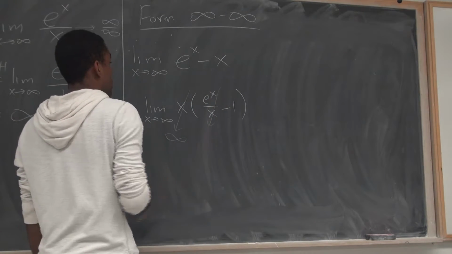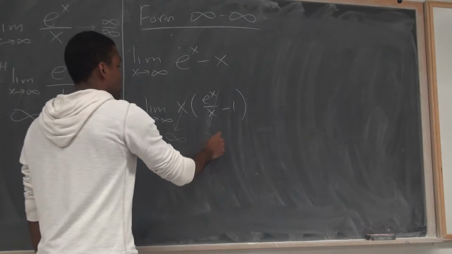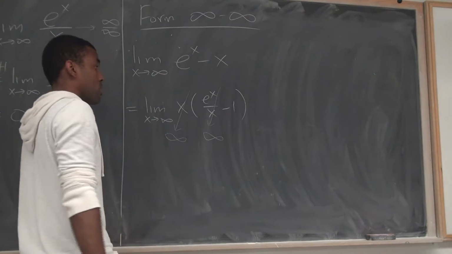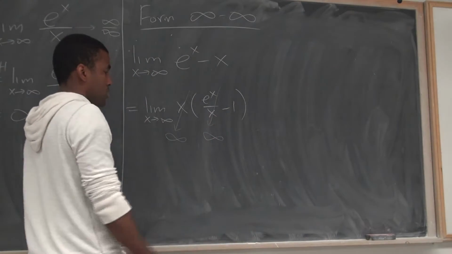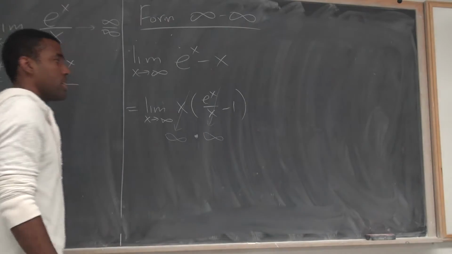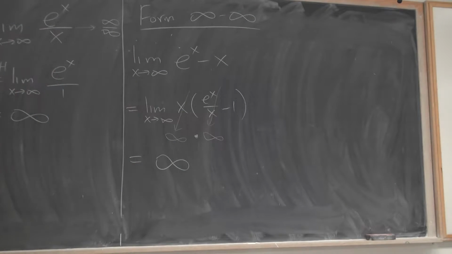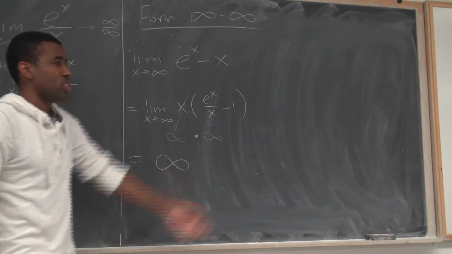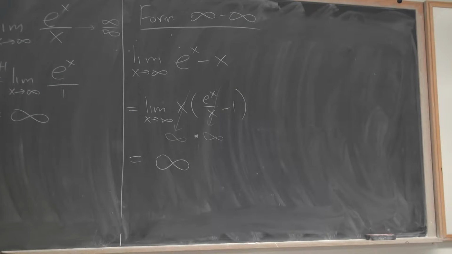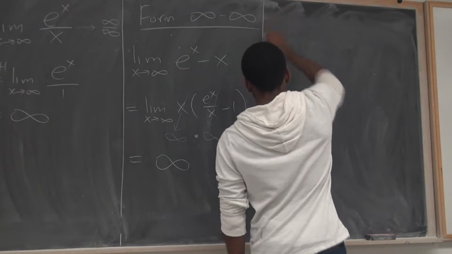This other factor is also going to infinity by what we did previously. Infinity minus 1 is still infinity, so really what I have is infinity times infinity. And so that is infinity, which is not an indeterminate form. So usually if you have a subtraction, what you're going to try to do is factor things to get into a nicer form that you can determine.